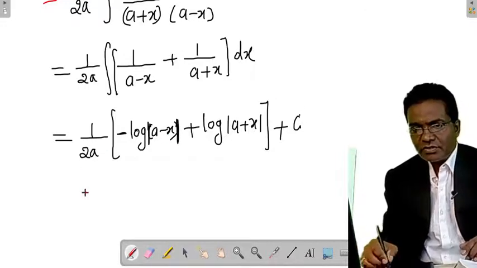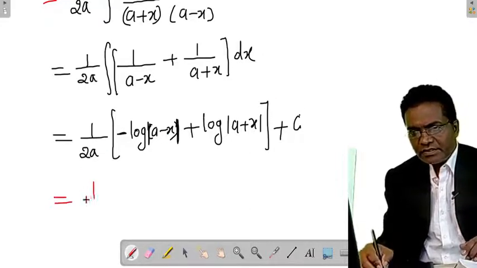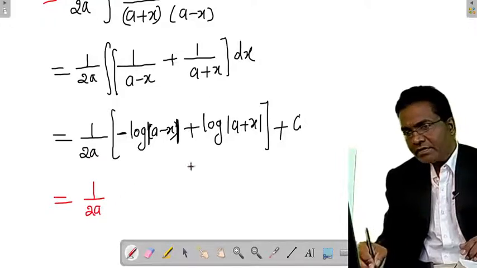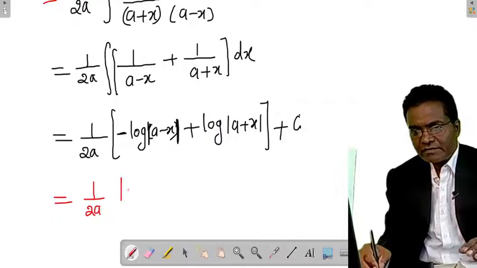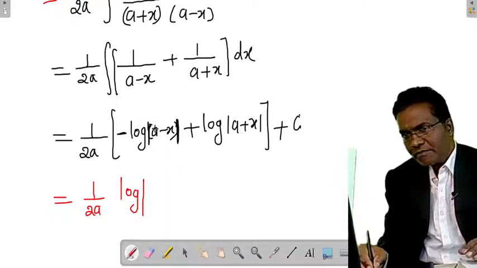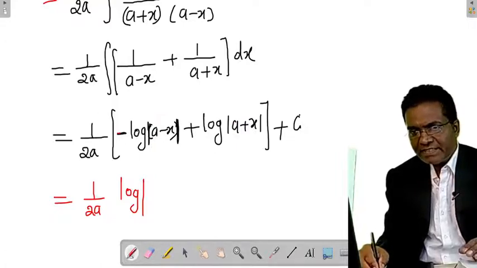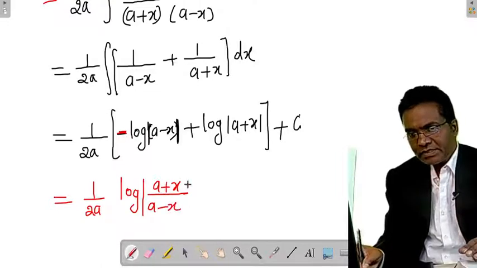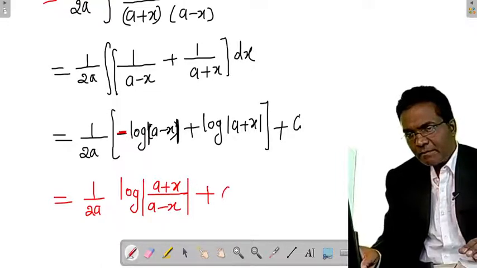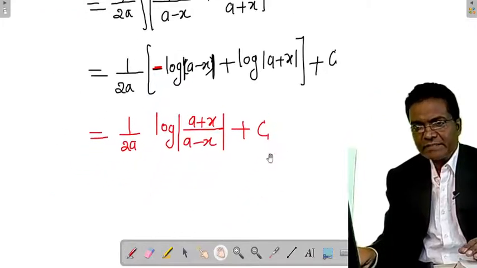Okay, so this is 1 by 2a. This is log m and this is minus log n. So log m minus log n is log m by n. This is your m, this is your n now, because of the minus. So this is a plus x by a minus x plus c.